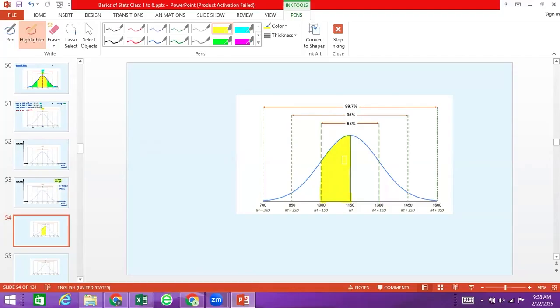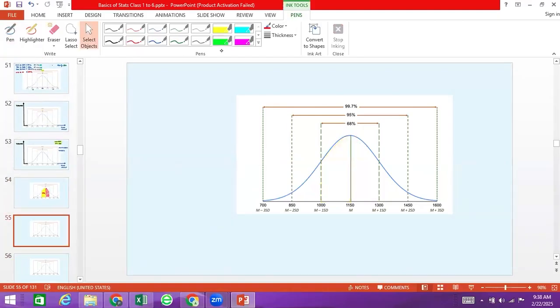Easy. This shaded region has 34% because this yellow region plus the region marked in red together make 68% of the data. So half of it will be 34%, because these are two identical halves.